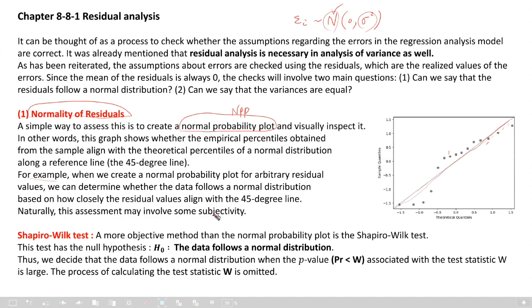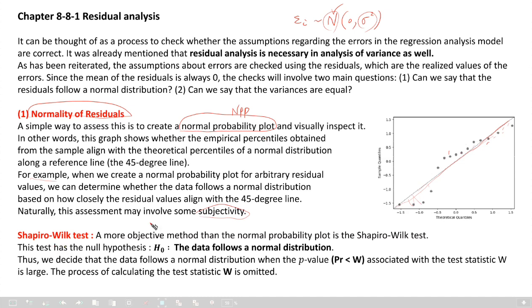We just look at this normal probability plot and the distance of the residual values from the line, whether they cross the 45-degree line or not. That is some subjectivity, okay? The normal probability plot can be obtained by computer, so you don't need to worry about that.